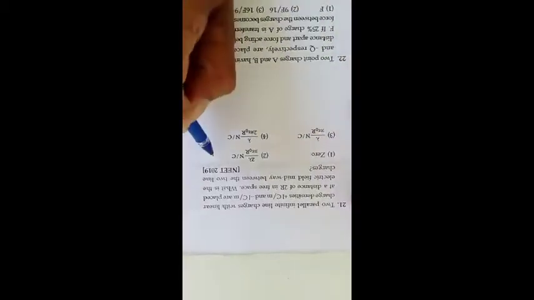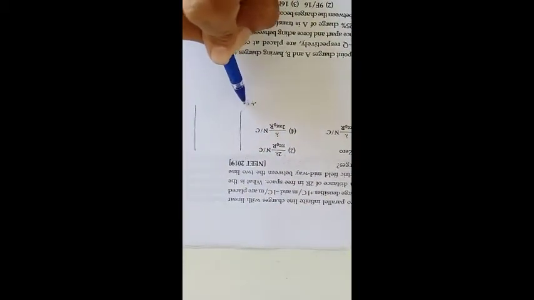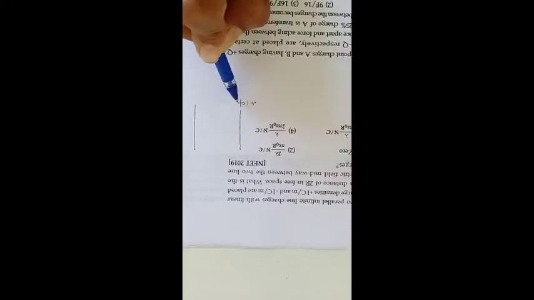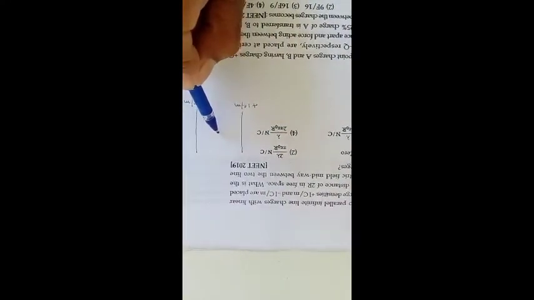What is the electric field midway between the line charges? So here one line is there, here one line is there. It is having linear charge density 1 coulomb per meter, and it is having -1 coulomb per meter. In between them, what is the field?